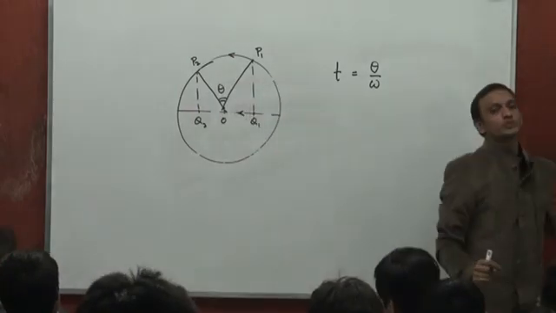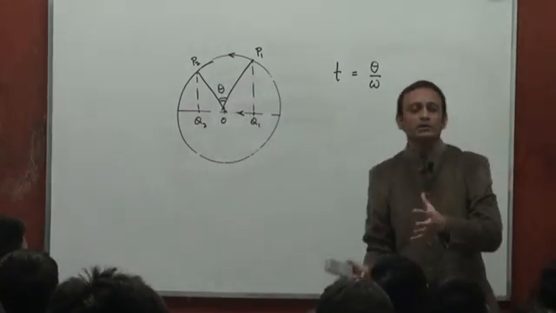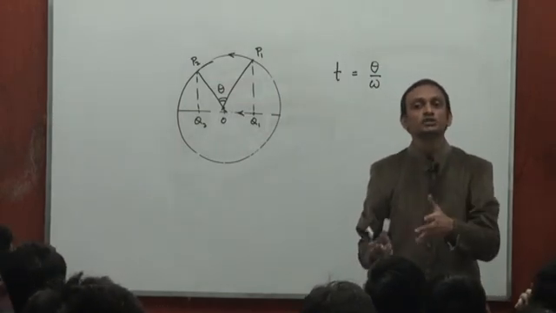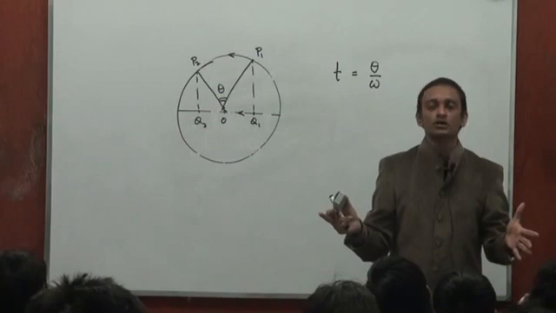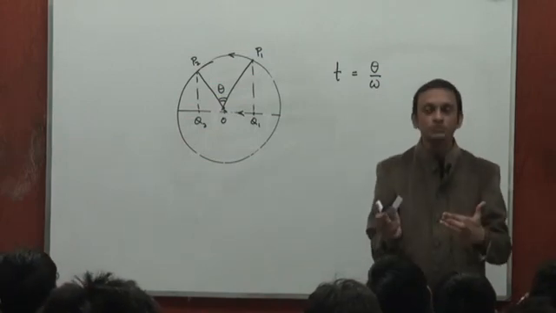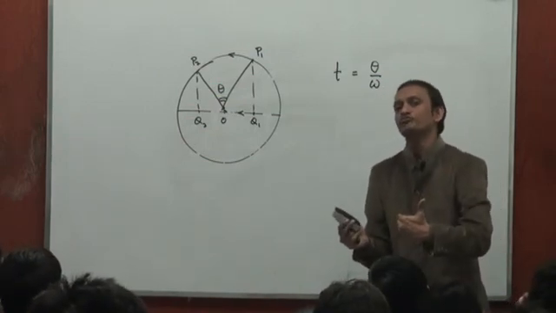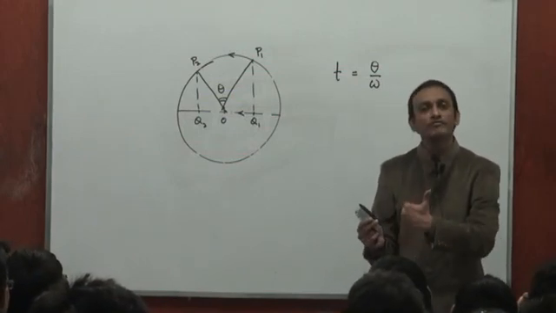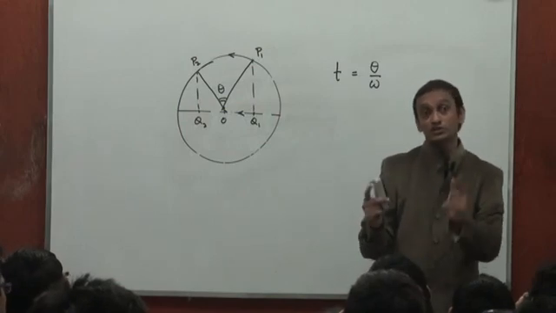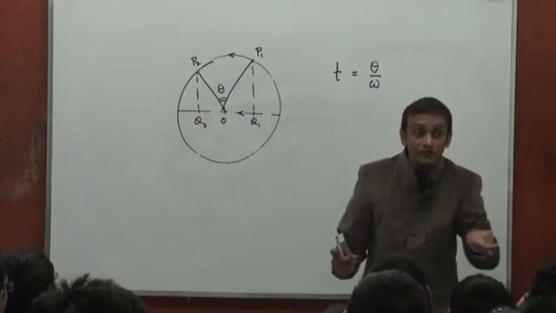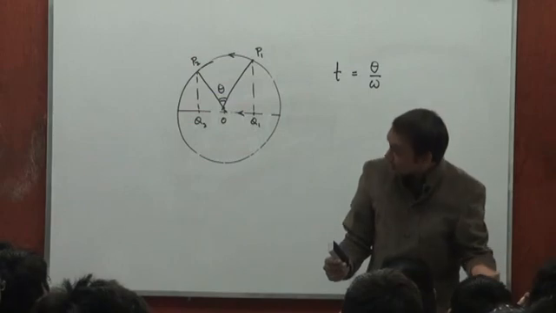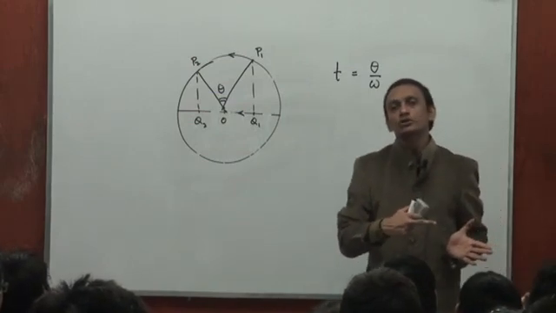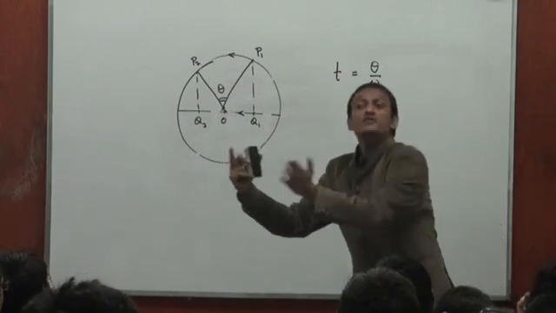Even though we started with a particle executing uniform circular motion and concluded that its projection on a diameter executed simple harmonic motion, and that the angular frequency of oscillation of the simple harmonic oscillator was the same as the angular velocity of the particle executing uniform circular motion, we can look at just the inverse of the problem.